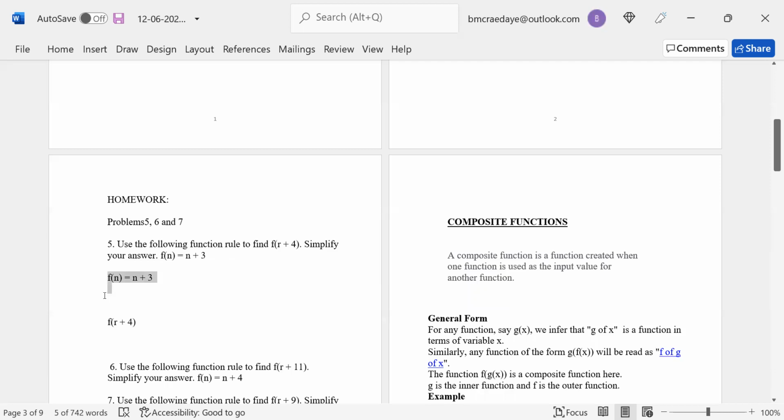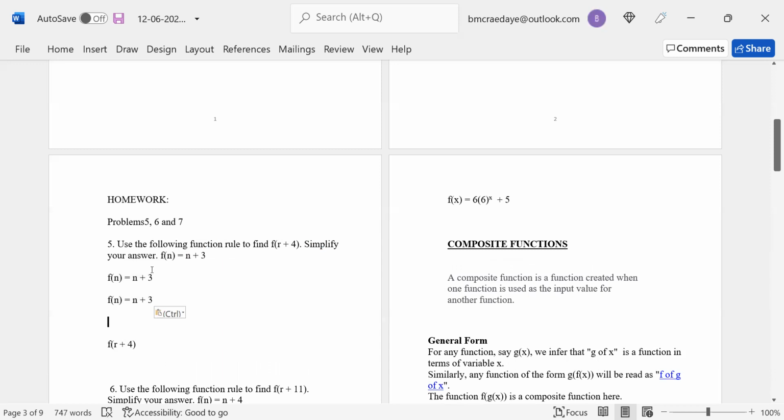So you want to find, that's your output, f of r plus 4. So for n, let's put r plus 4. And over here for the n, put r plus 4.